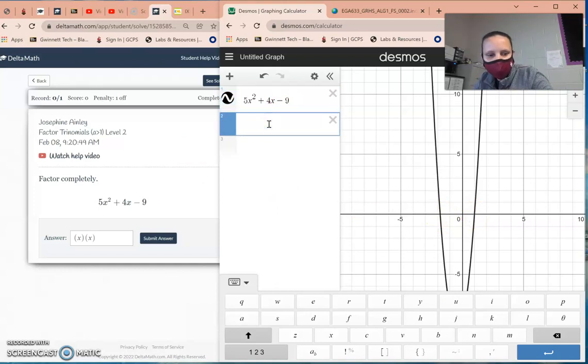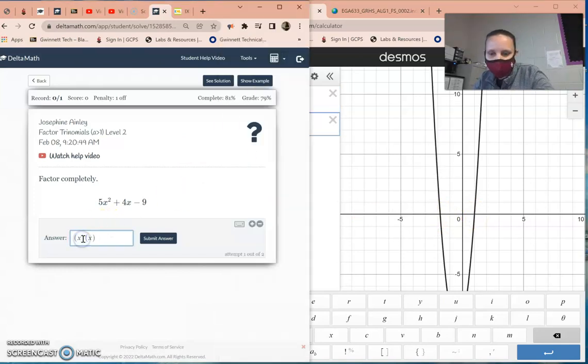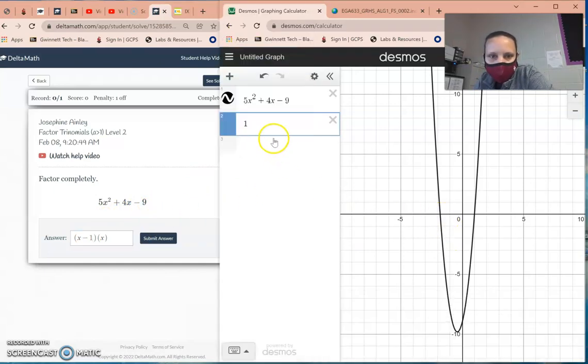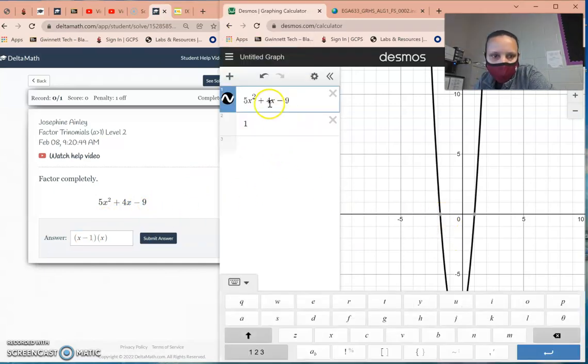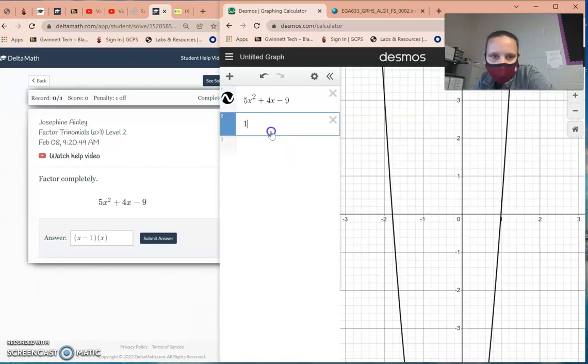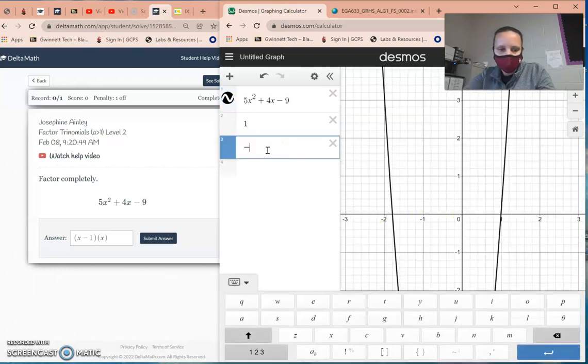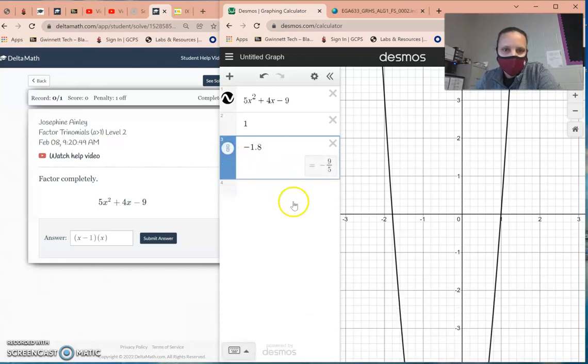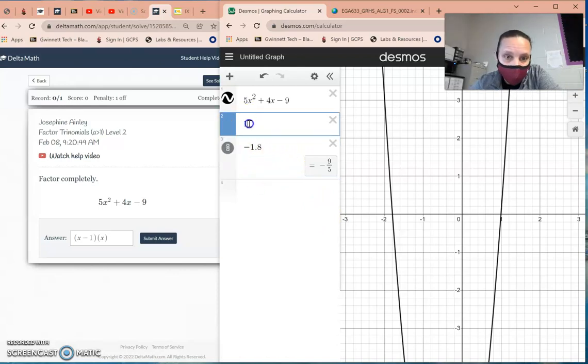So one solution is 1. So that means this one is going to be a -1. And then another solution is -1.8. And I'm going to see if this is right or if it was a repeating decimal, right? So we're going to check it. But I don't think this is a repeating decimal. I think we're good. So again, you're changing the sign.